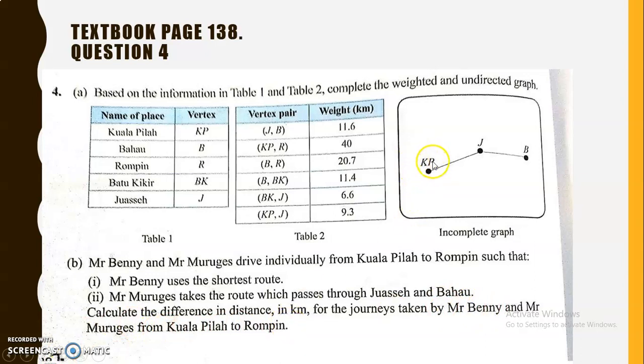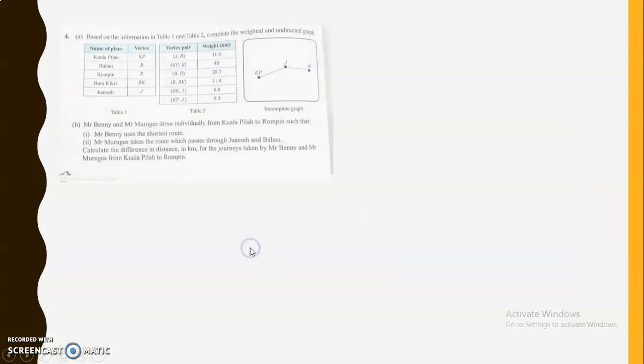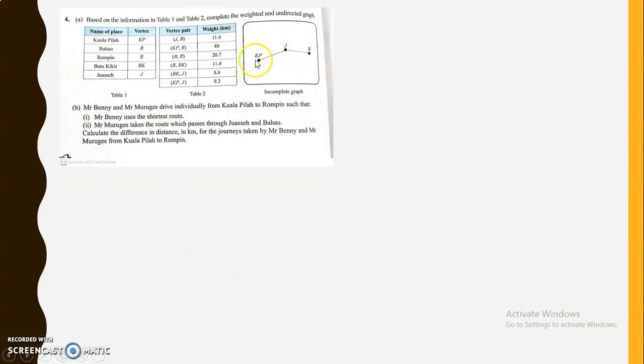So here we have Kuala Pilah. Okay, Kuala Pilah they give to you, Juasseh they give to you, and the Bahau also they give to you. So you need to draw Rompin and Batu Kikir.